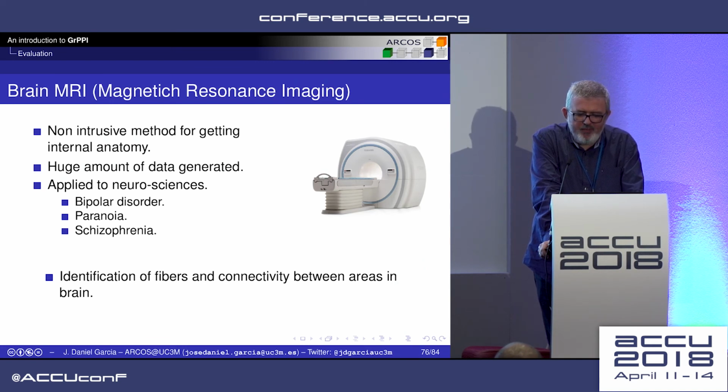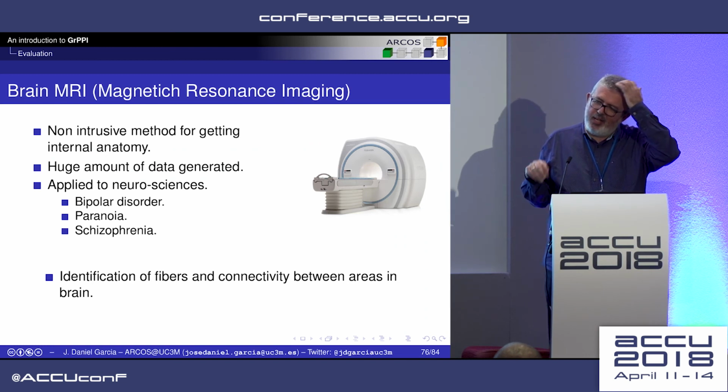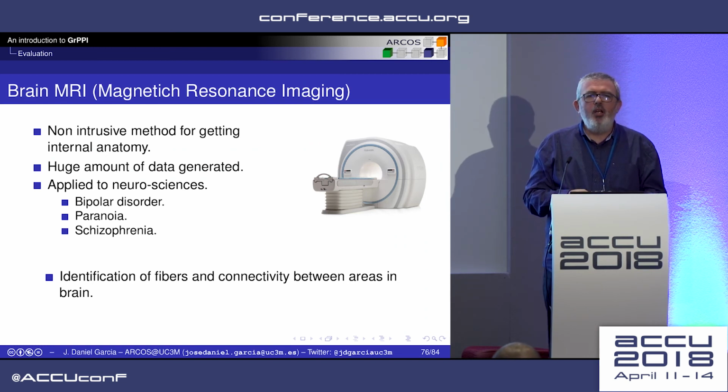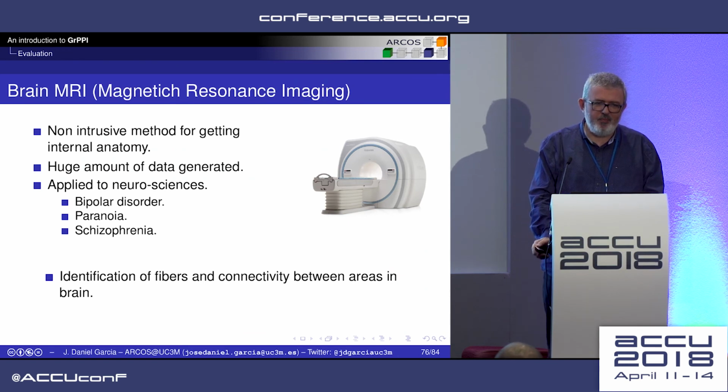For this, a very important thing is to identify fibers and connectivity between areas in the brain. So basically, you take the magnetic resonance that, depending on the resolution you use, might be between 100 megabytes and a few gigabytes per patient.